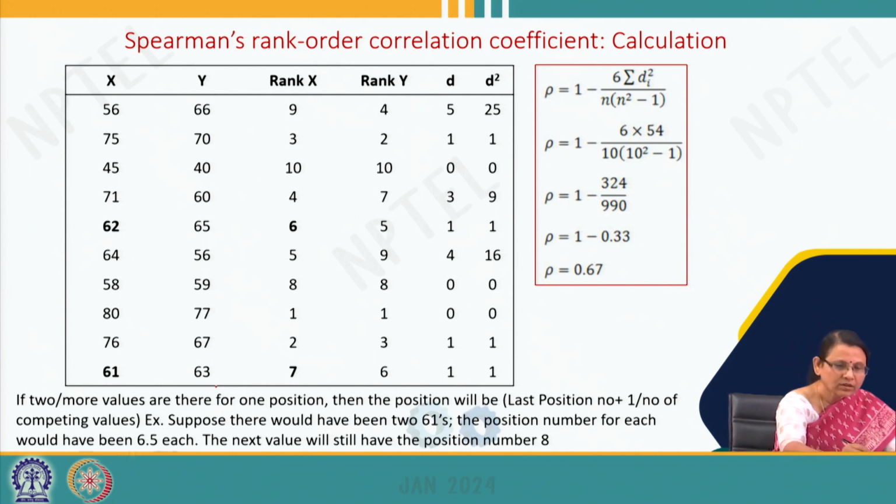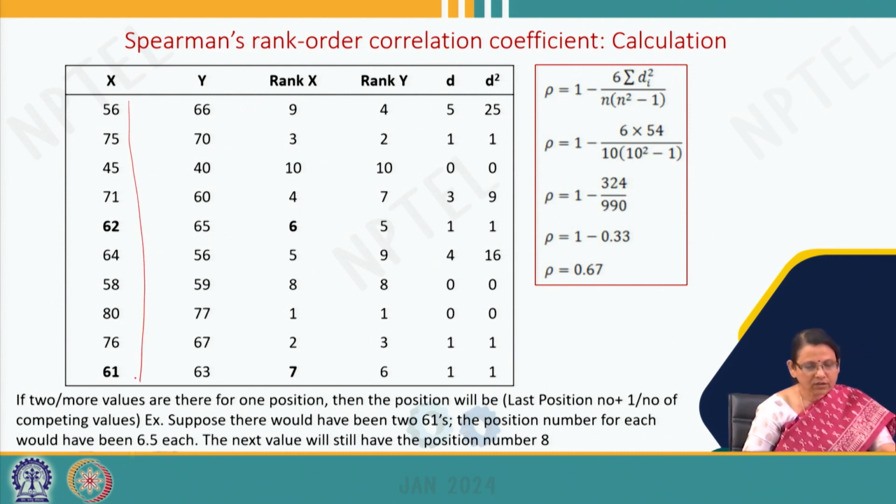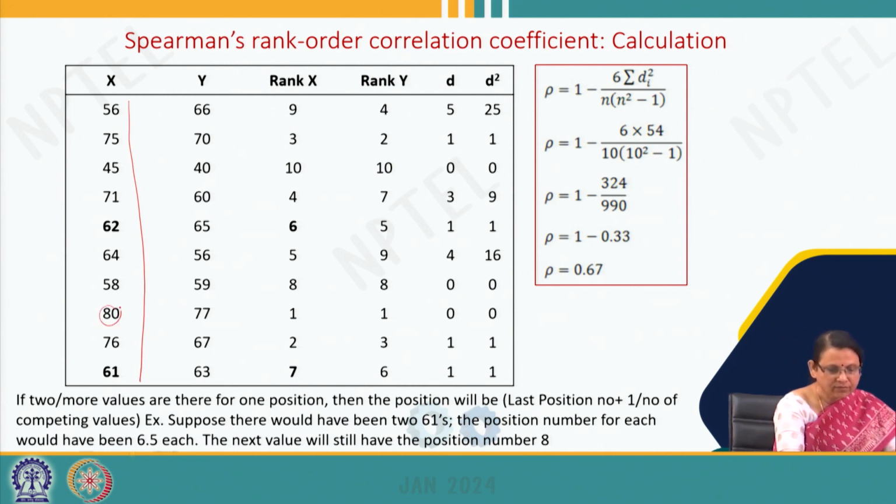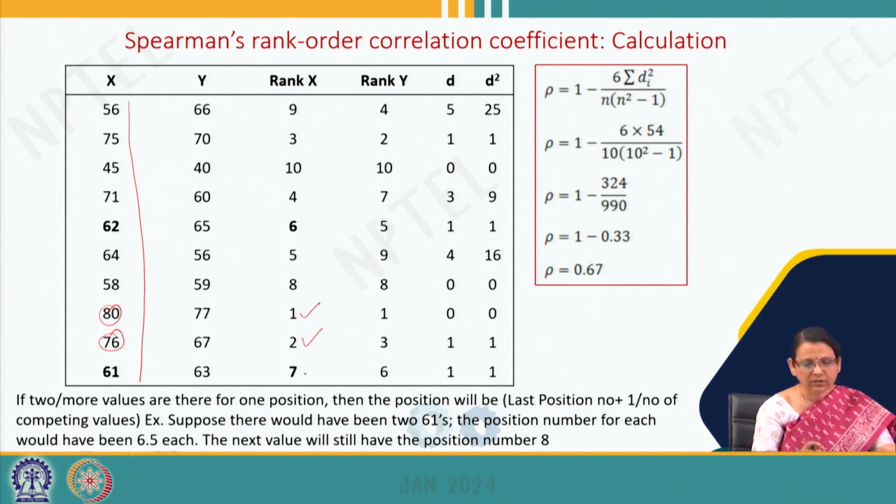If you sort this variable x, what is the order? What is the lowest? What is the highest value? Highest value is 80, so rank is 1. What is the second highest value? 76, rank is 2. So in decreasing order, start from the highest and keep on sorting: first position, second position, third position and so on.